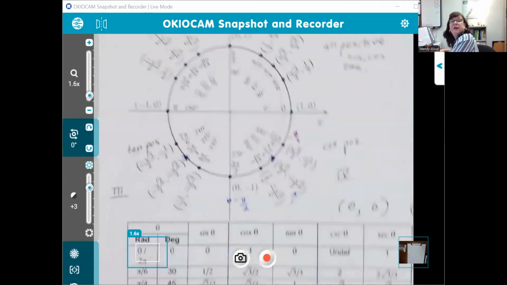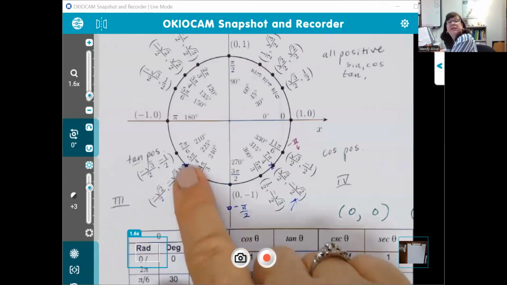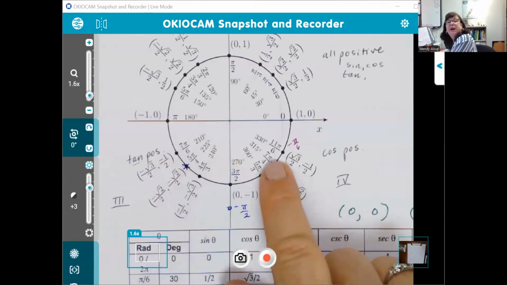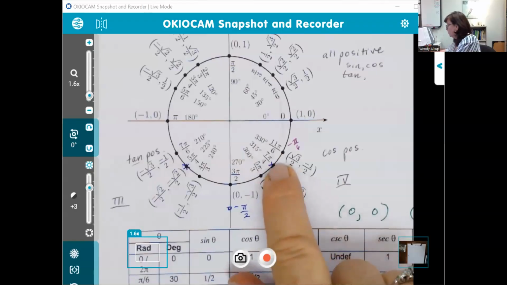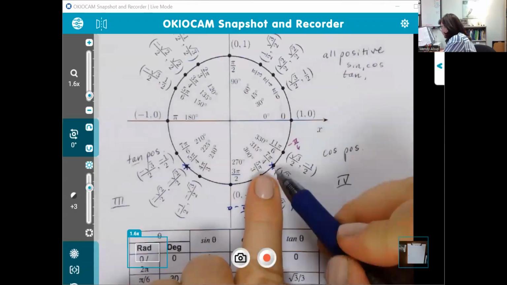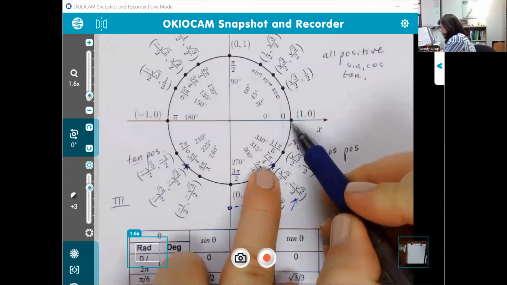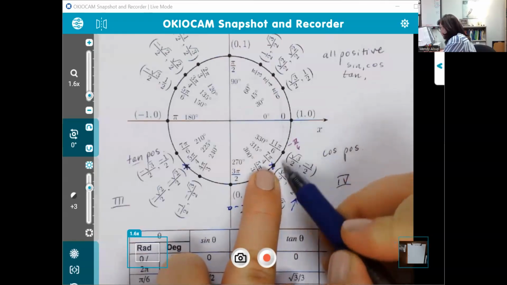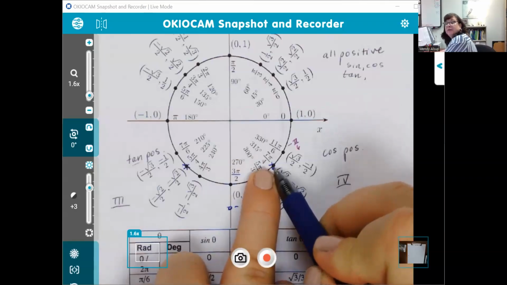Okay, so 5 pi over 4 is here, and that's not in the right place. 7 pi over 4 is here. That is in the right place, but I don't want to think of it in its positive version. I want to think about it in its negative. So if I'm coming over here in the negative direction, that is negative pi over 4.